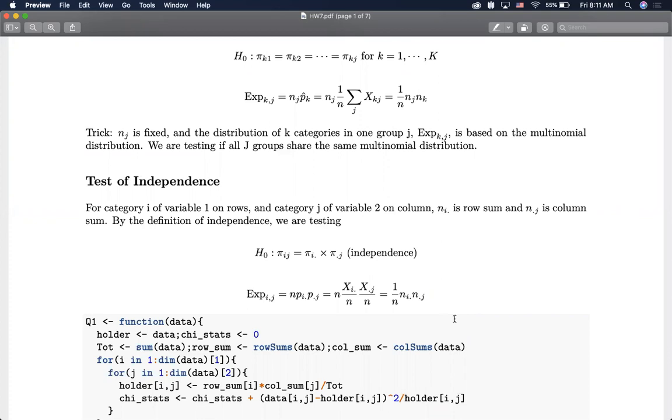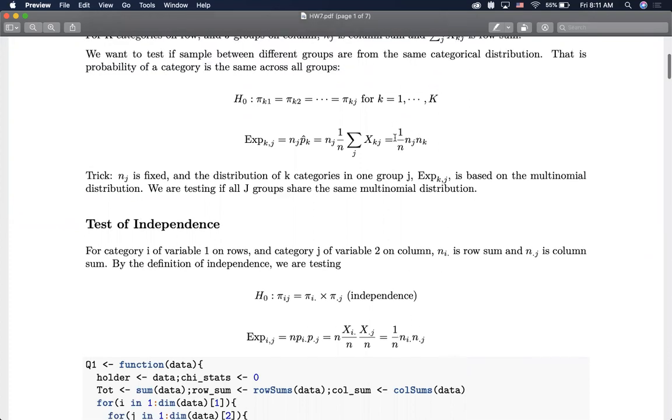Eventually you will see that it shares the same formulation here.